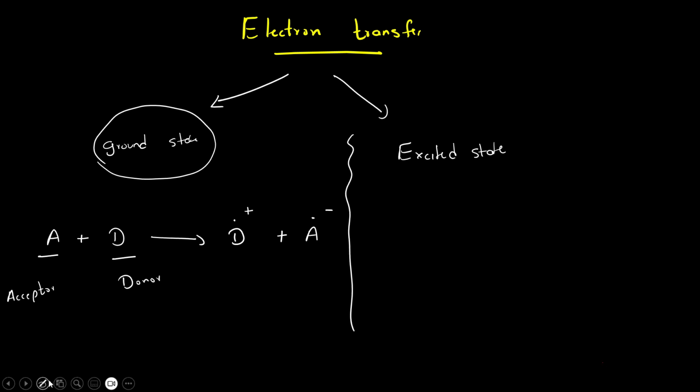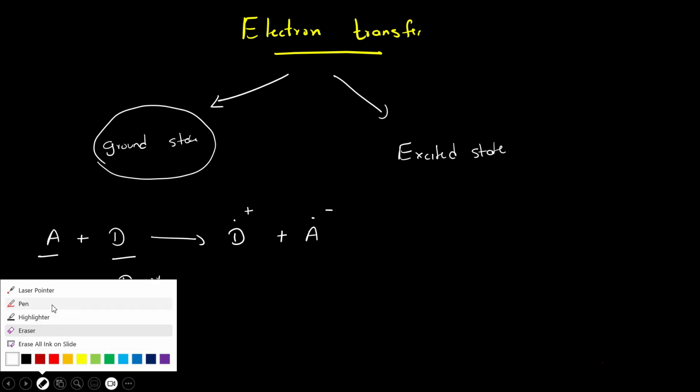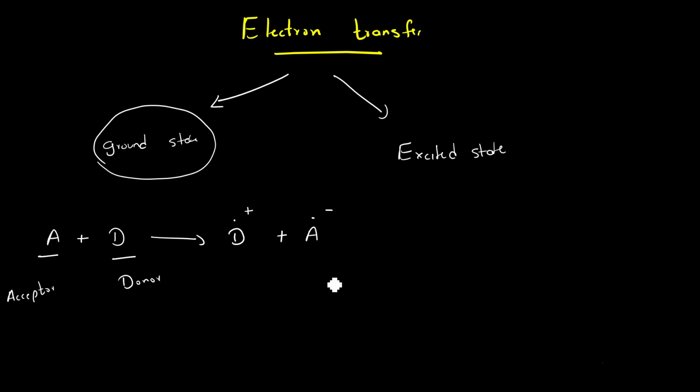Now I just want to introduce this one equation which describes the Gibbs free energy for this process. If I introduce this Gibbs free energy for this particular electron transfer, it has two components. The first one we denote as the donor, and here we have the acceptor term.